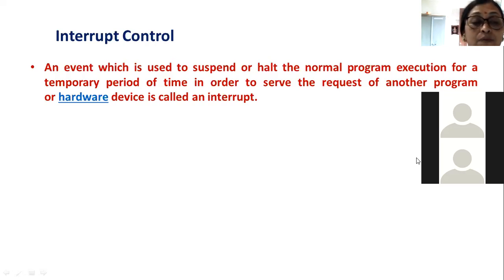Okay, so technically, how can you define the interrupt? An interrupt is an event which is used to suspend, meaning to stop or halt, the normal program execution for a temporary period of time, in order to serve the request of another software or hardware device.